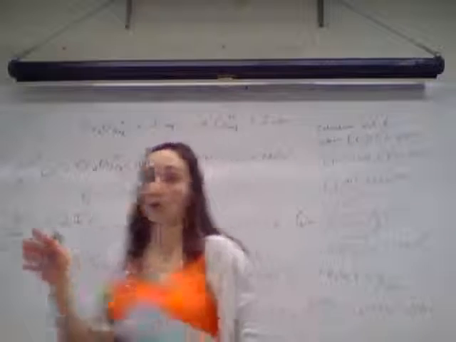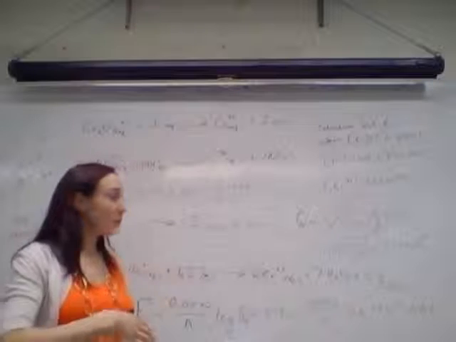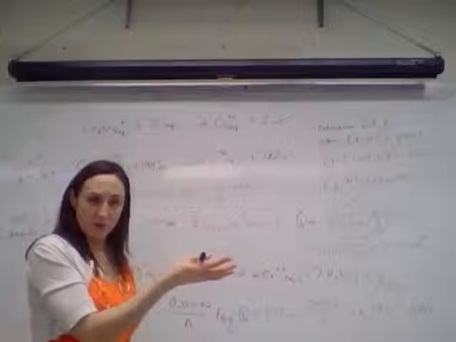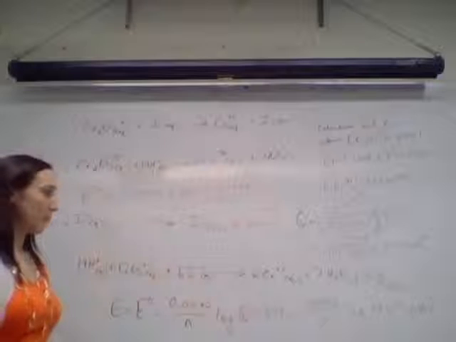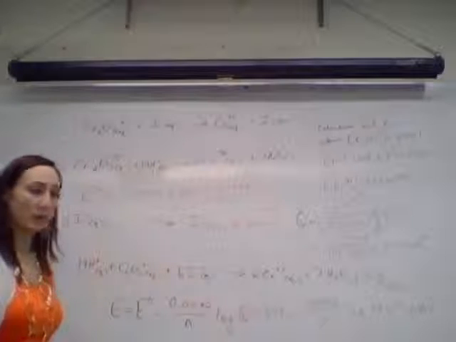That means that we are to the left of equilibrium, meaning we need to proceed to the right, the forward direction of the reaction, to produce more products to get to equilibrium. And that's why we know that the forward reaction is spontaneous. We have a positive voltage for our cell, and also it's a greater voltage than we would have at standard conditions. We've got a higher concentration for our reactant and a low concentration for the product.